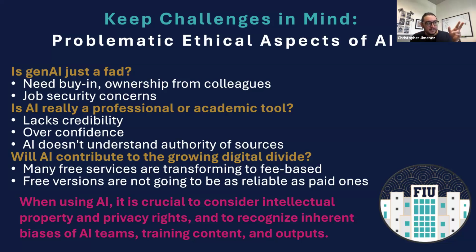Still, as this third bullet point in the center says, AI does not understand the authority of sources. It's literally just mathematical programming, predicting the next character in a sentence, word by word, sentence by sentence. It's not saying, this is a better source, so I'm going to pull from here first. It's just saying what words are usually put together when talking about a specific topic.